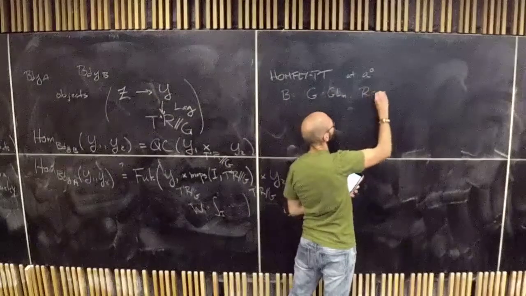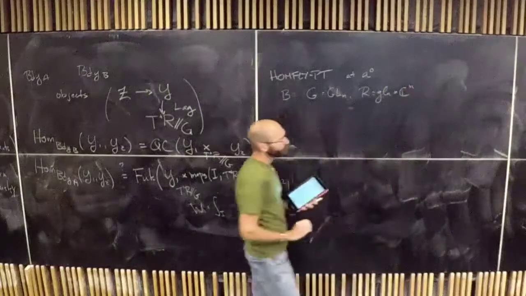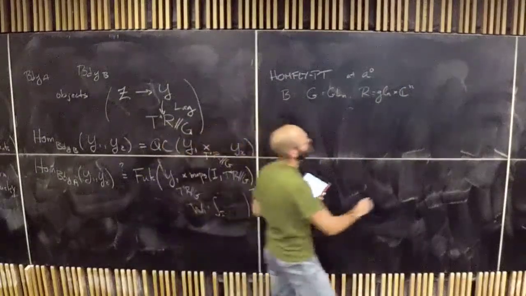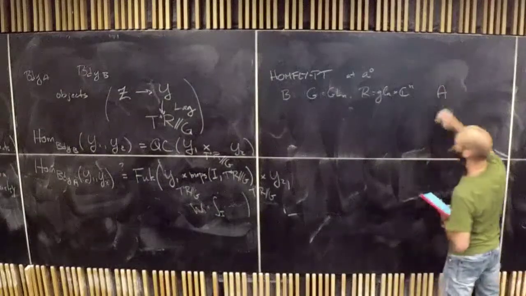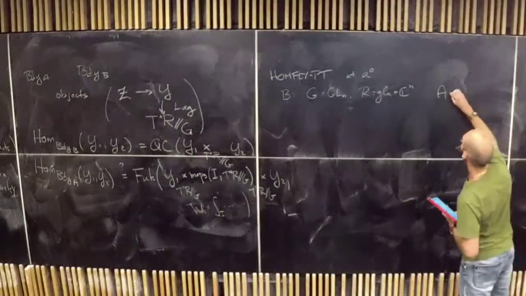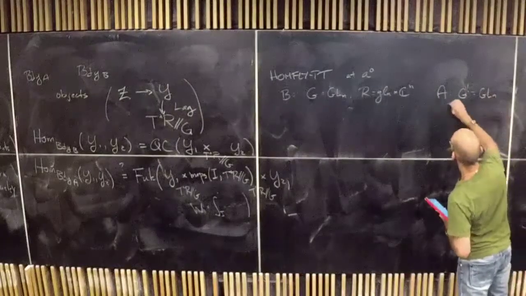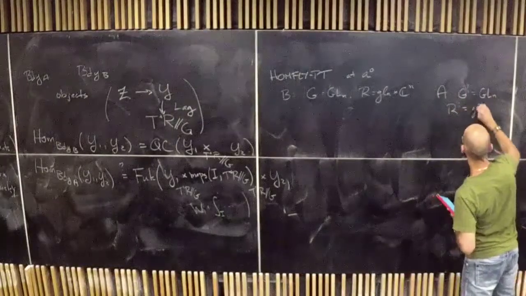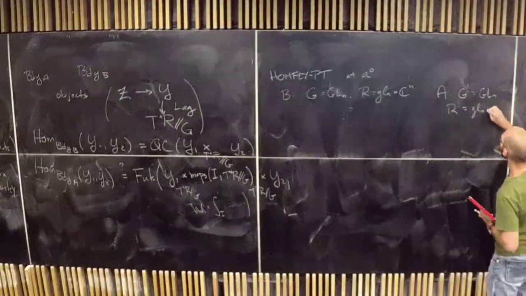The representation is an adjoint and a fundamental. And on the A side, in fact, it's exactly the same, because this theory ends up being self-mirror. So G check is also GL_N, and R check is adjoint plus fundamental.